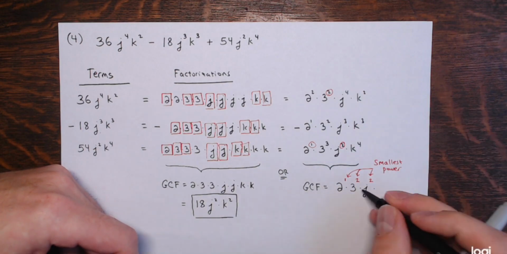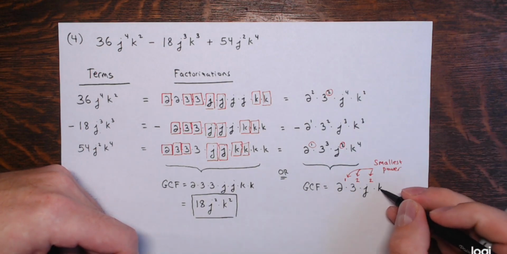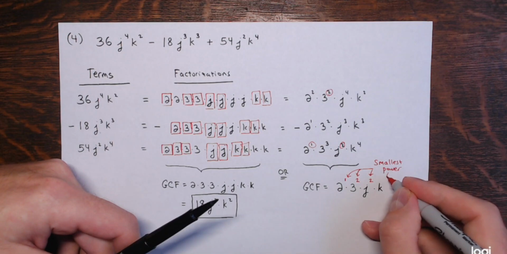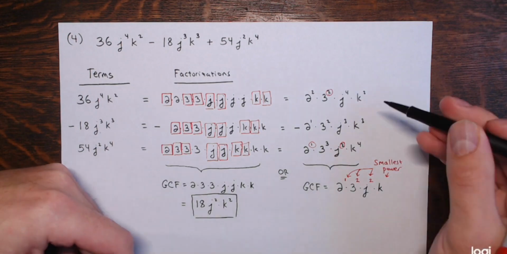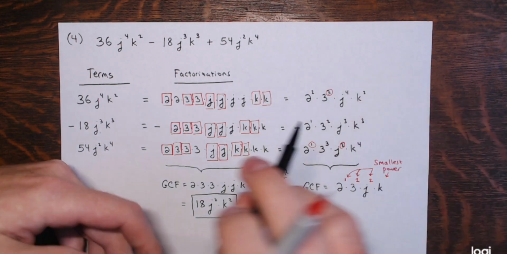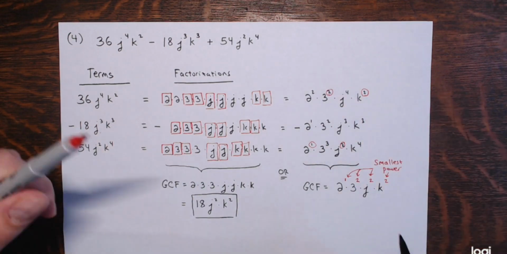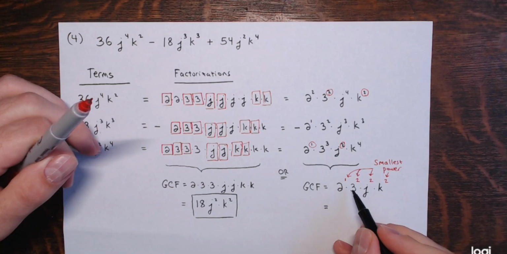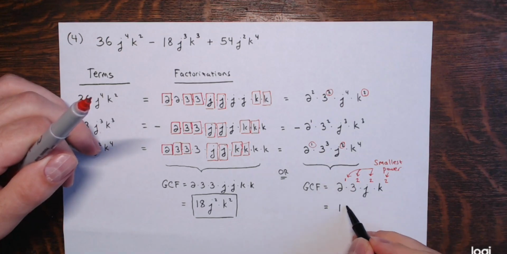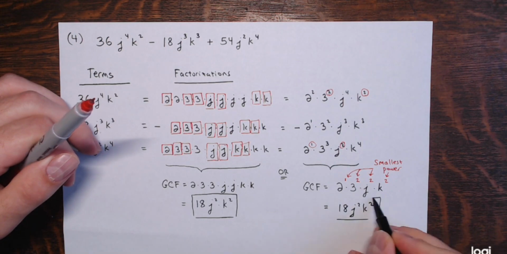So in the factorization of the GCF, there's going to be k to a power. And once again, it's going to be the smallest power of k. That's 2, 3, or 4, so that's 2. Right? And there we go. And then we simplify this. 2 to the first is 2, 3 squared is 9, 2 times 9 is 18, and then you've got j squared, k squared. And it's exactly the same thing.